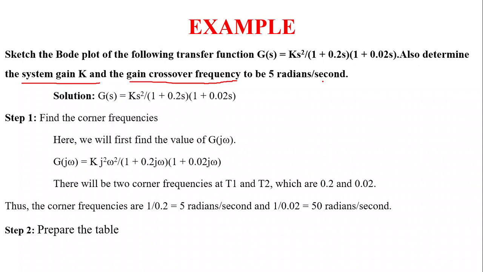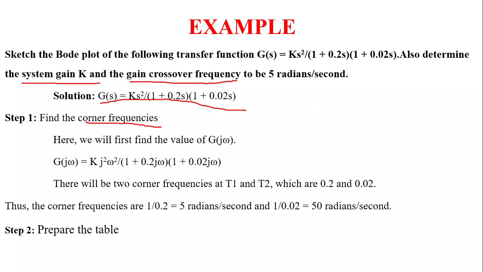This is our question. First, we write the given transfer function. The given transfer function is G of s equals K into s square divided by (1 plus 0.2s) into (1 plus 0.02s). The first step is to find the corner frequencies.